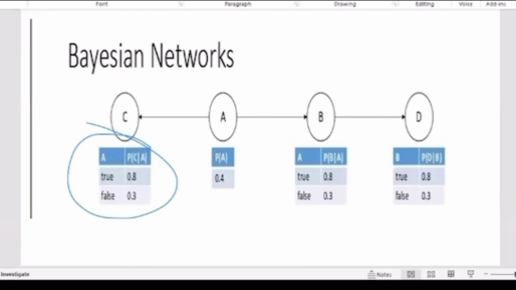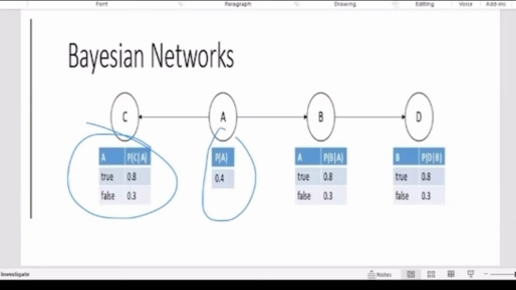If I want to know the probability of C conditioned on A, A is a parent. And don't forget, A is either true, which is just A, or false, which is A complement. Does that make sense? If I know the probability of A, I know the probability of A complement; it's just 1 minus that.